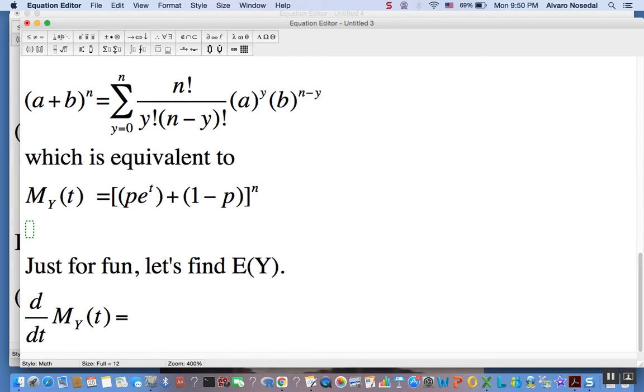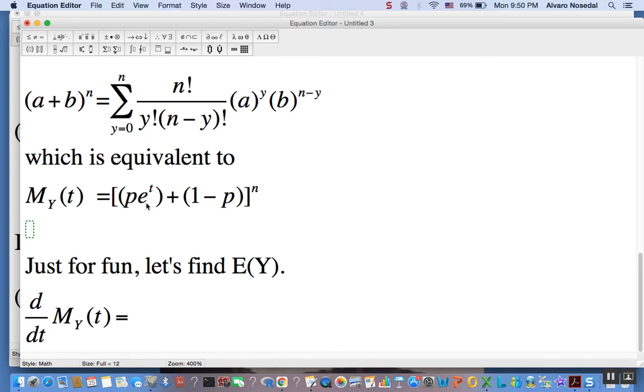Okay, so that would be the same as n times (p e to the power of t plus 1 minus p), by the chain rule, to the power n minus 1, times the derivative of this guy with respect to t.